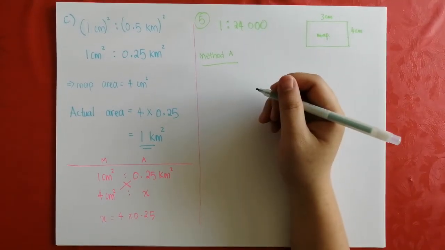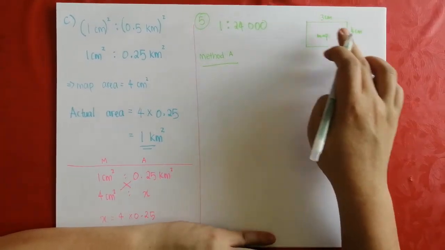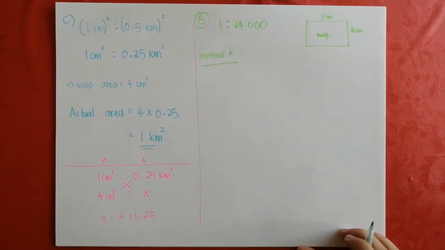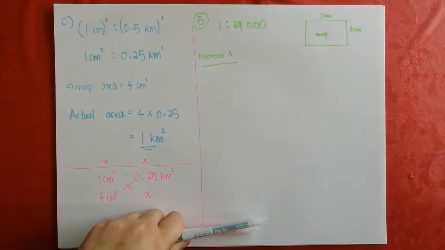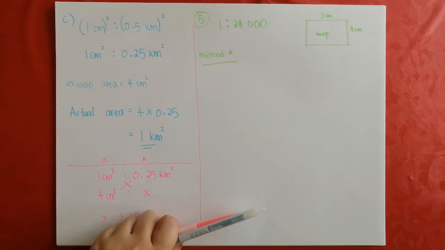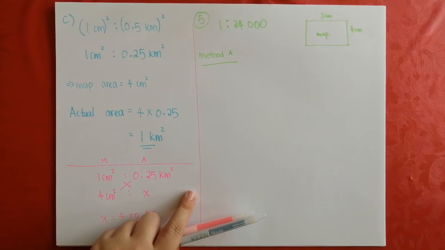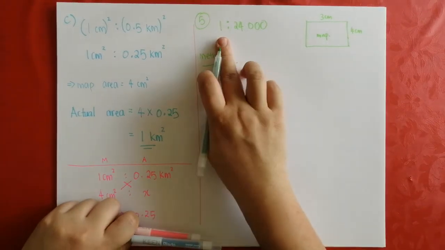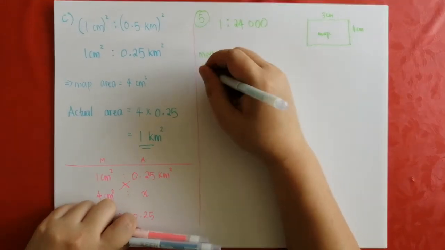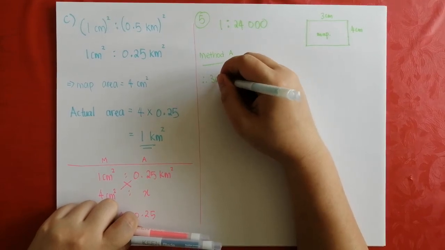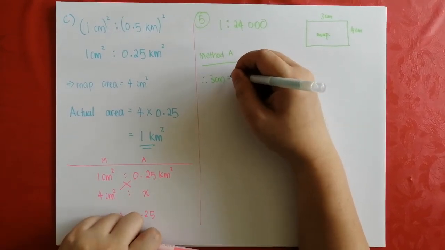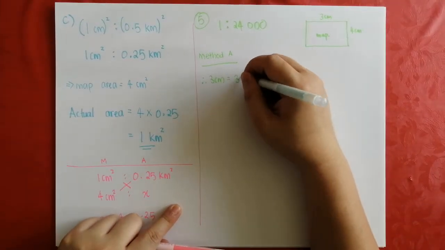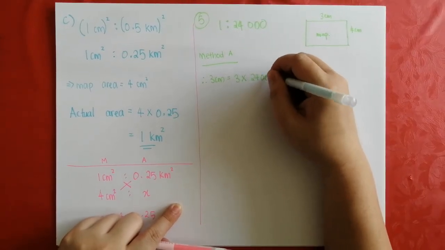Sorry, in method A, we don't convert to meter first, we convert all this map length to actual length. We are using 1:24,000, so from that 3 cm on the map, we are finding the actual. The actual is what you have on the map multiplied by the scale, 24,000.